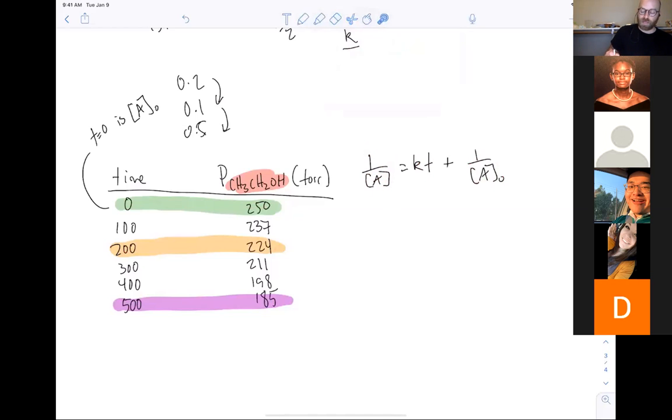So you pick some other time, and you plug that in for this, and you plug in the concentration value for A. But since we just tried this, we know that that's not going to actually be second order. So we can try another one. Since this is being done catalytically, let's see if it's first order, zeroth order.